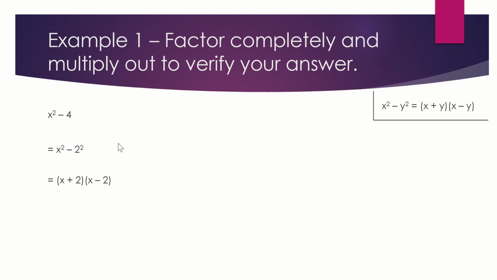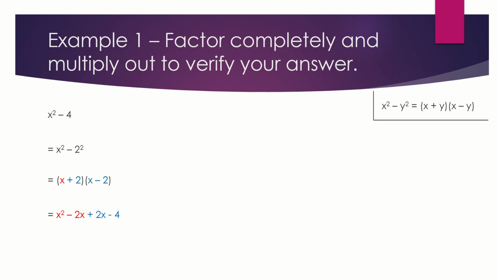So once again, the first step is just to rewrite it as a difference of two squares, and then you can apply this formula right here. You just do the x plus y and the x minus y. In this case, y is going to be equal to 2 though. Then we have to multiply it out to verify the answer. So if we take the x and distribute, you have x times x is x squared, x times negative 2 is negative 2x.